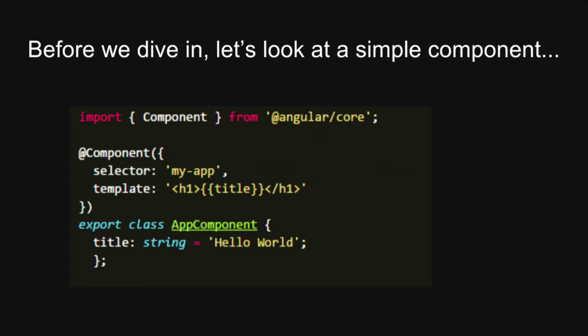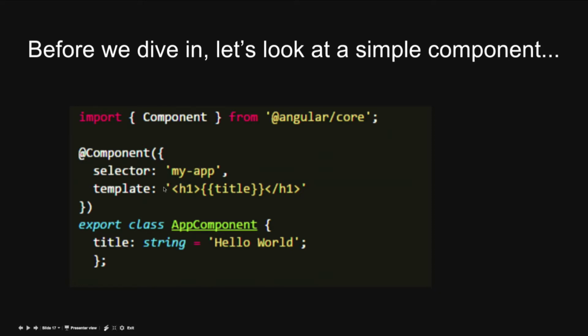So we're grabbing this component decorator, and then we have our component metadata right here. Our selector is what this thing is actually going to look like when we put this into HTML: it'll be bracket, my-app, end bracket. This is our HTML element when we use this.